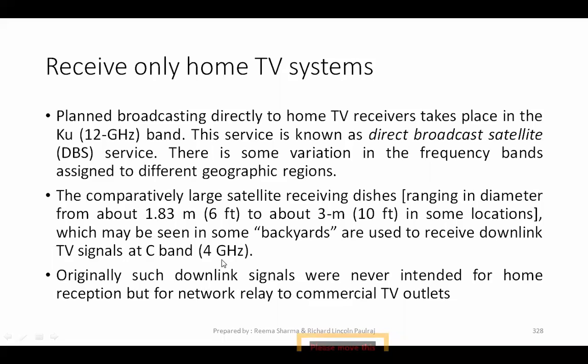So that was a kind of analog transmission. But right now what we are employing is digital transmission. So these signals are downgraded, and the 4 gigahertz signal is made suitable for home transmission.